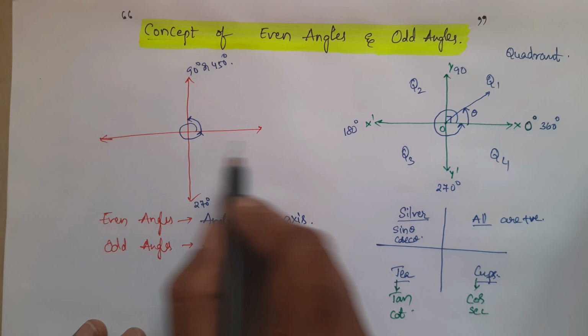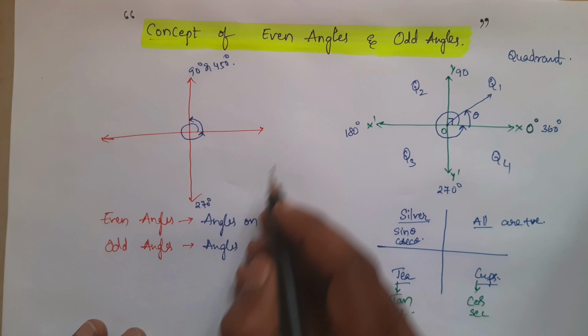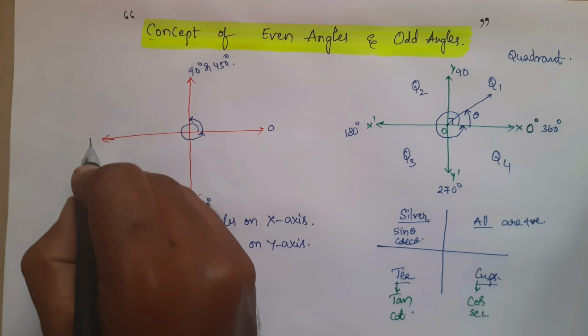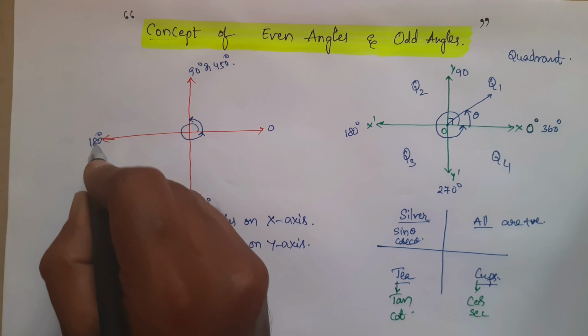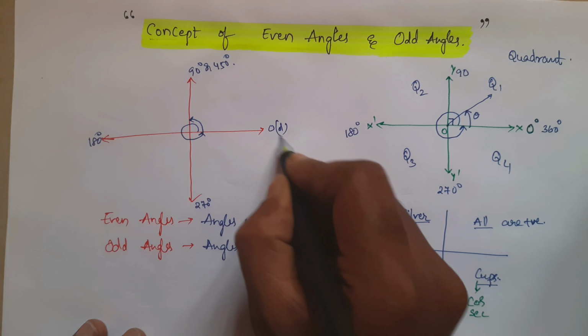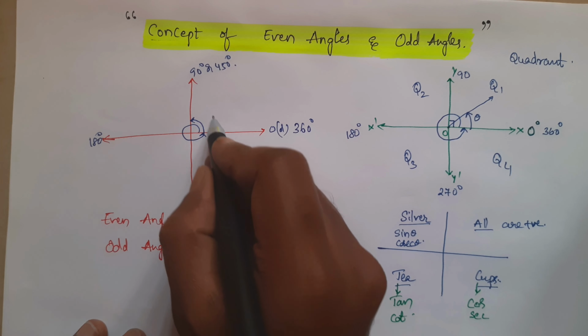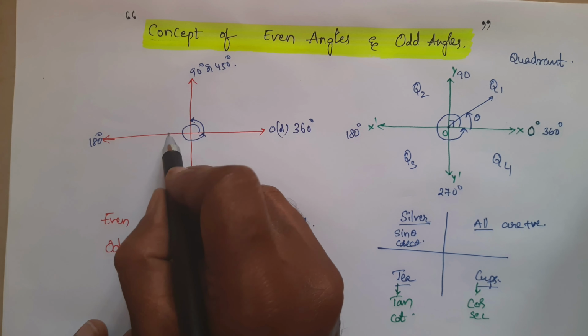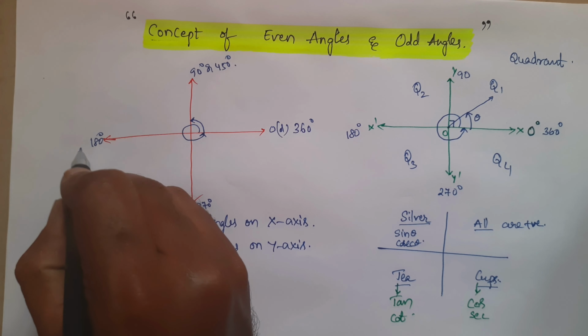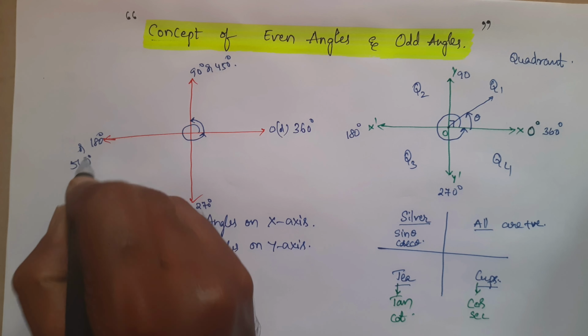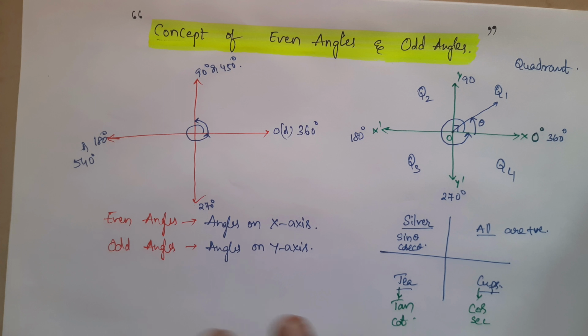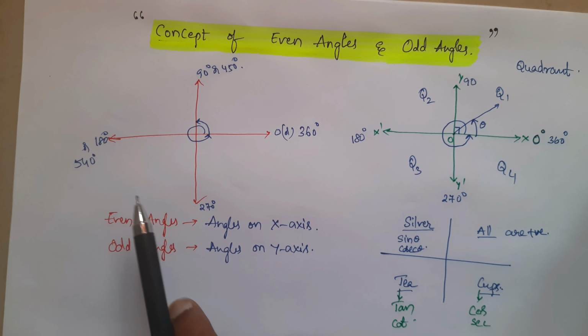Angles on the x-axis we consider as even angles: 0 degrees, 180 degrees, or 360 degrees for one complete revolution. After one revolution again it comes to 180 degrees, or 540 degrees. These are also even angles. Simply, angles on the x-axis are even angles, and angles on the y-axis are called odd angles.